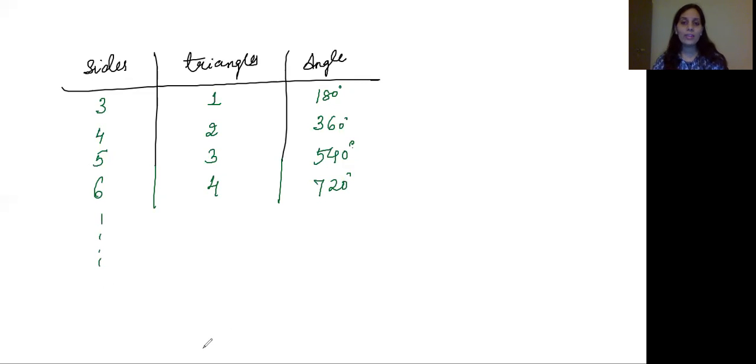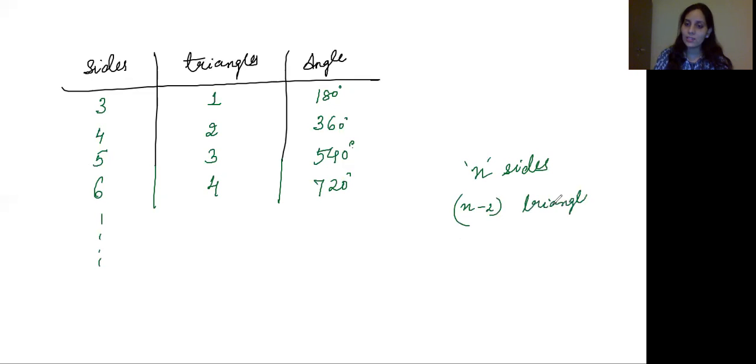So from this very interesting pattern, if a polygon has n sides, how many triangles will it have? It will have n minus 2 triangles, as we clearly know that the difference between sides and triangles is always 2.